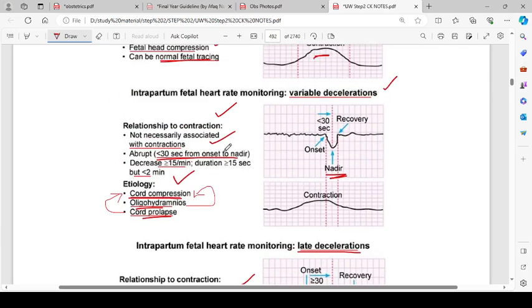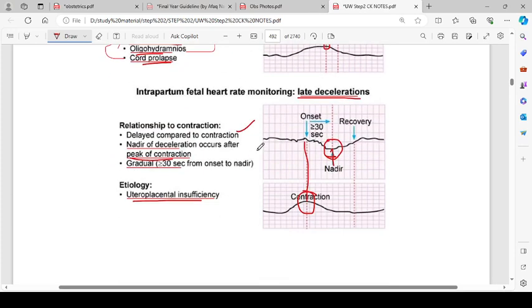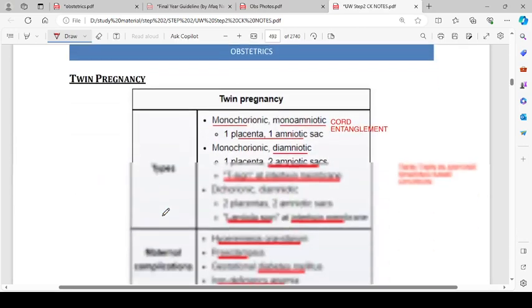Over here they were saying that it is abrupt, less than 30 seconds from the onset to the nadir. The peak of the contraction is here and the nadir is over here. So I guess the difference between the onset of contraction and nadir is less than 30 seconds, and gradual is more than 30 seconds from the onset to the nadir. Okay, etiology is uteroplacental insufficiency. Then we have twin pregnancies.